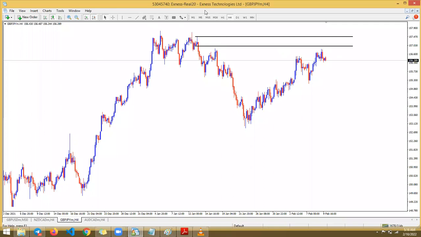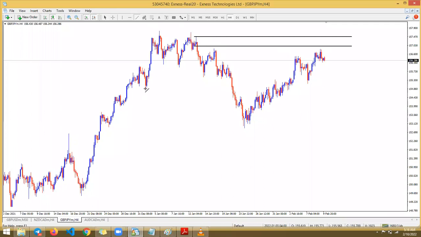Yeah, so we have our breaker there. That is our breaker. After the breaker, we had to wait for approach of price. And then we're looking out to sell along this decision point here at our decision point area. So that is a typical summary.